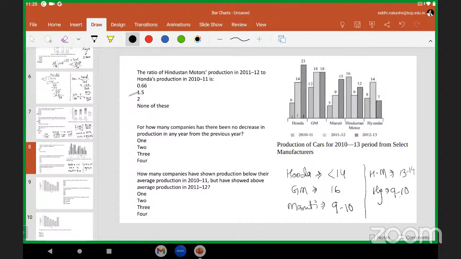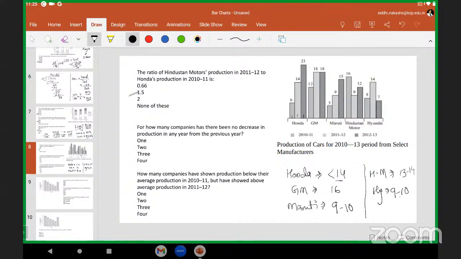So let's start with Honda. Honda's average is a little bit less than 14. So 6 is very much less than the average, so it follows the first rule. But it should also show above average production, so in the second bar we need to find the above average.